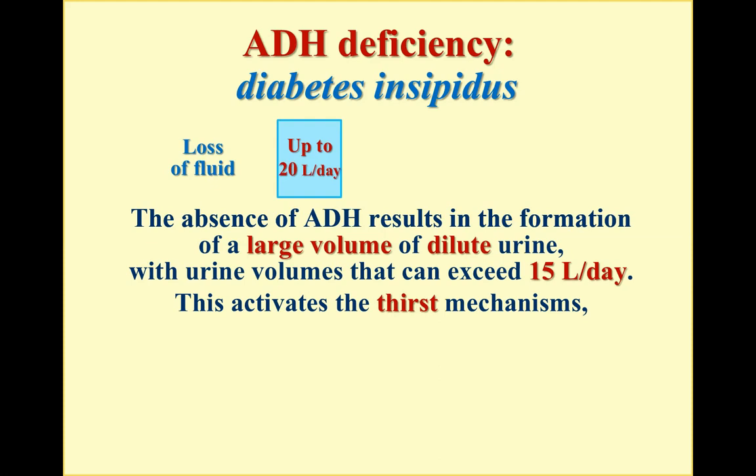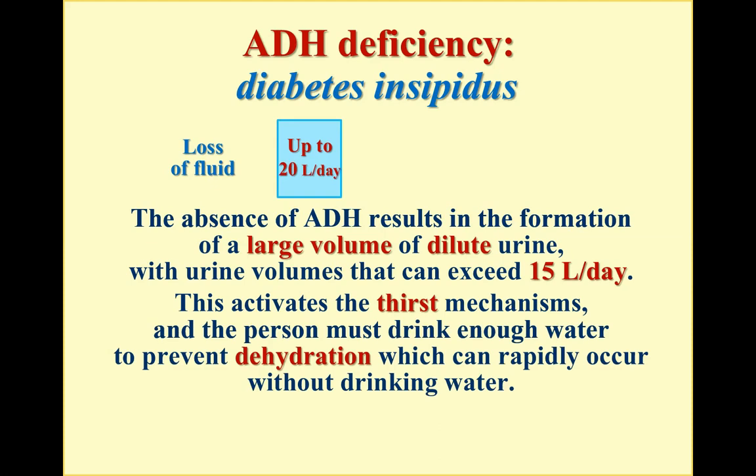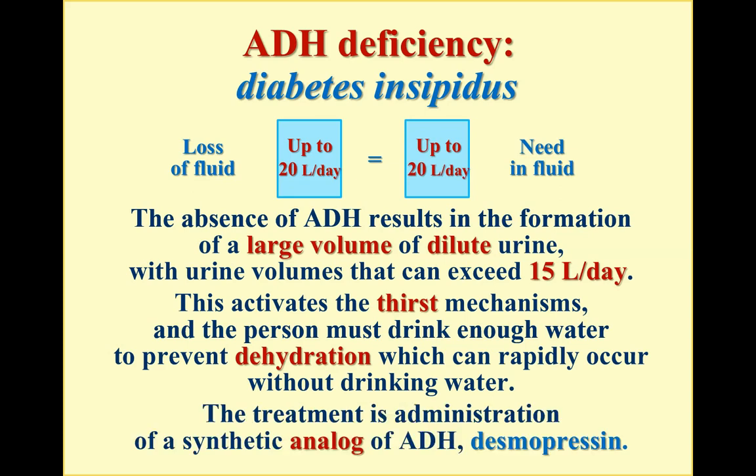Otherwise, the person may not think about drinking the corresponding amount of fluid. And if someone does not drink the same amount that is lost, water balance is not maintained, and there will be great dehydration, which is dangerous for life. So, in untreated diabetes insipidus, the person should drink the same amount of fluid as is lost. The treatment is administration of the synthetic analog of ADH, desmopressin.